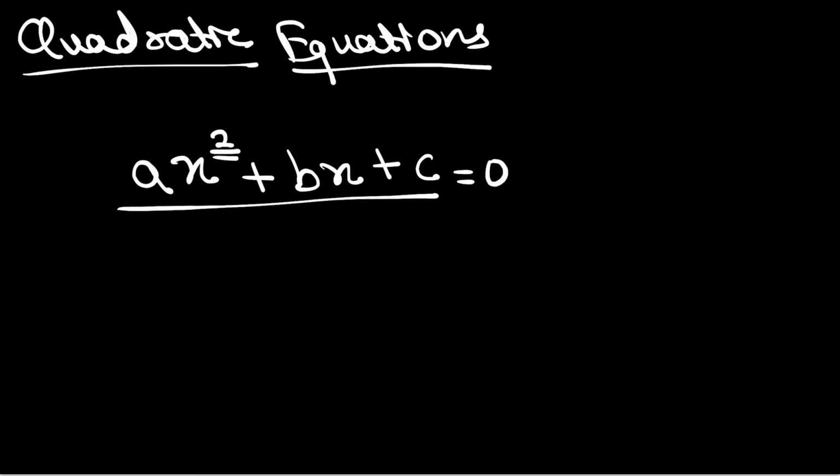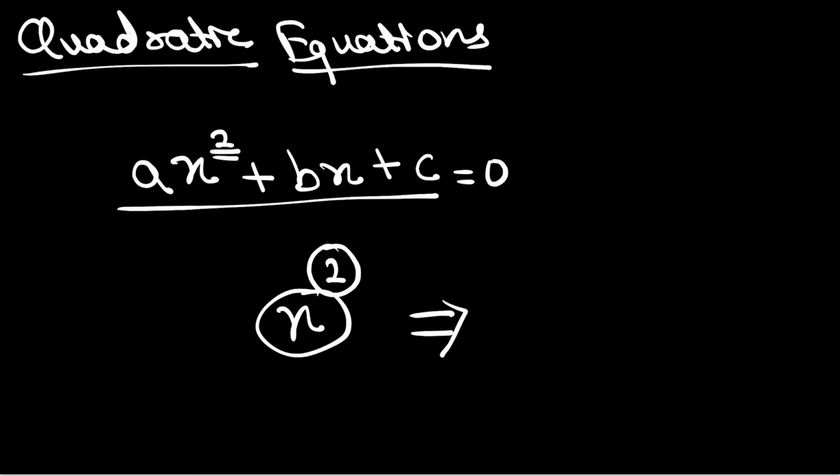When I say that this is the basic form and the order of the equation is 2, that means the highest order of any variable that this equation will have is 2, which means this equation will have two roots.